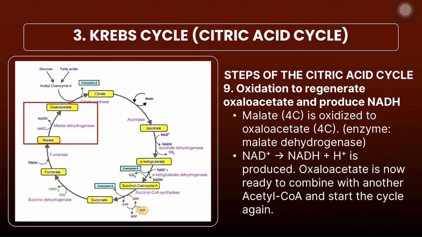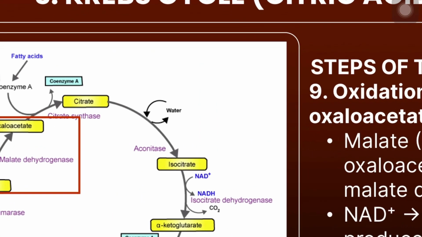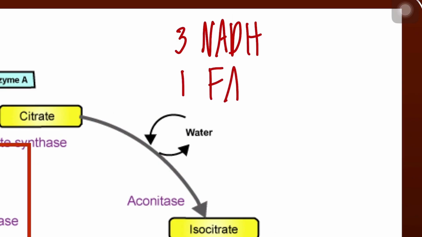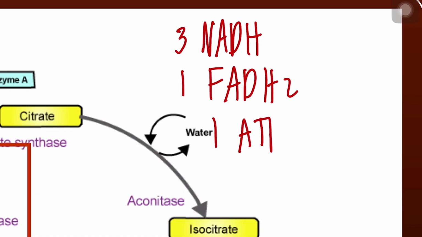So, to summarize, the energy yield of one complete turn of the Krebs cycle, I'll just write it for you guys: we produce 3 NADH, 1 FADH2, 1 ATP, and 2 carbon dioxide.